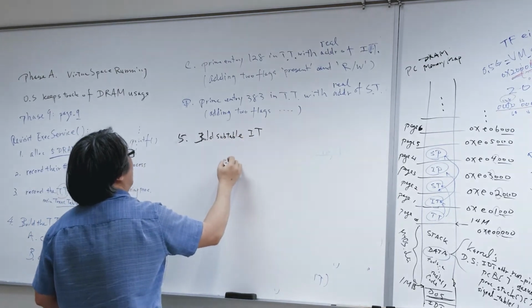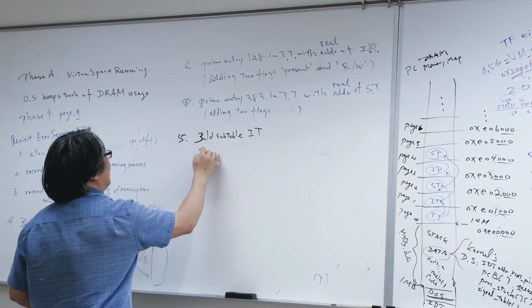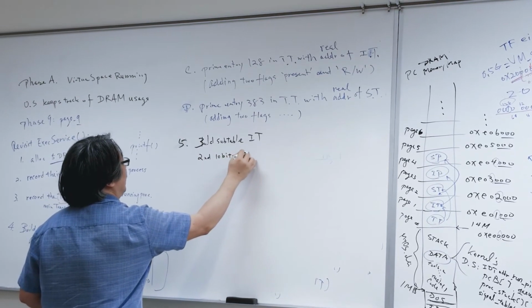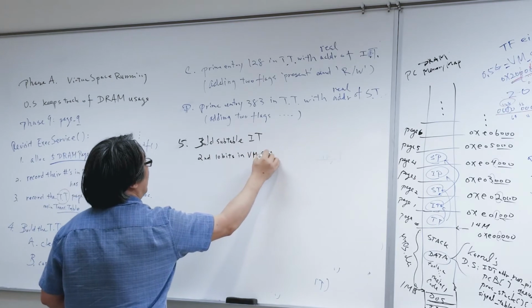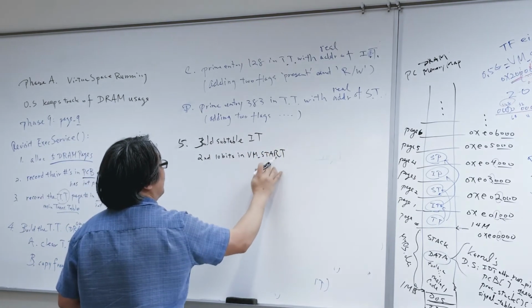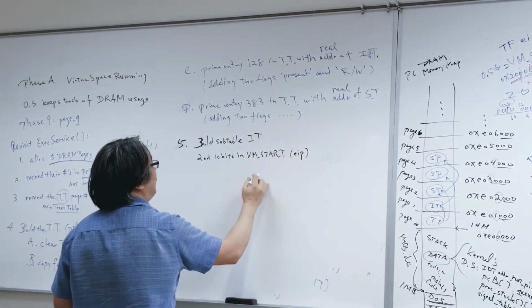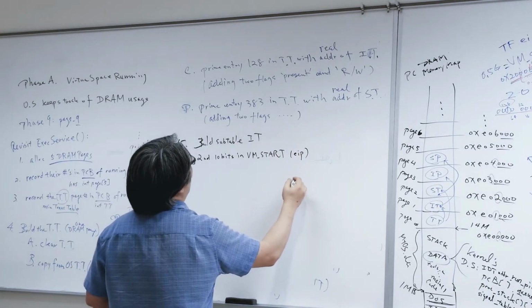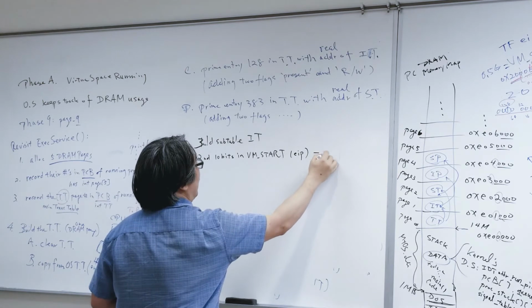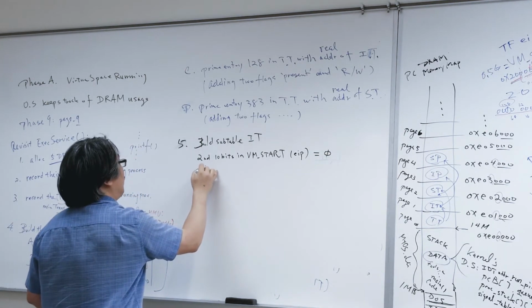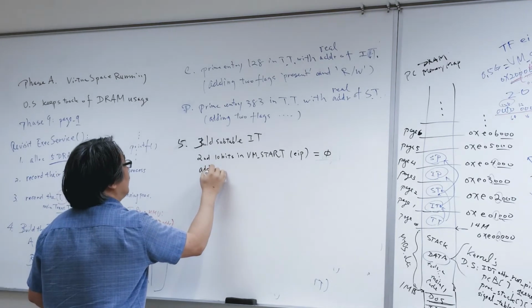Okay, IP is because the second 10 bit in the VM start. That's the instruction start from here. Okay, so EIP is going to start from here. So that is the entry 0. Okay. All right, so we're going to add into entry 0. Okay.